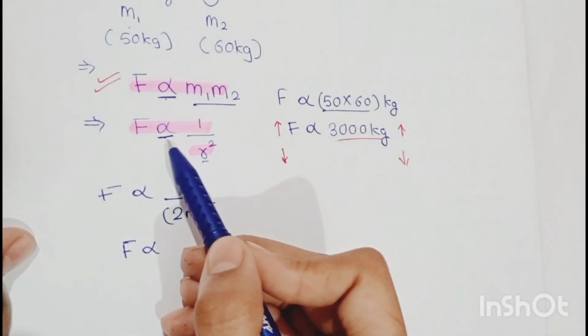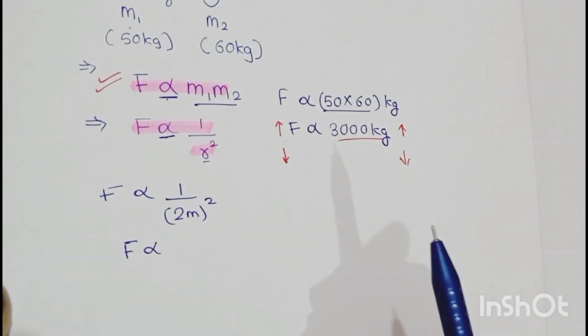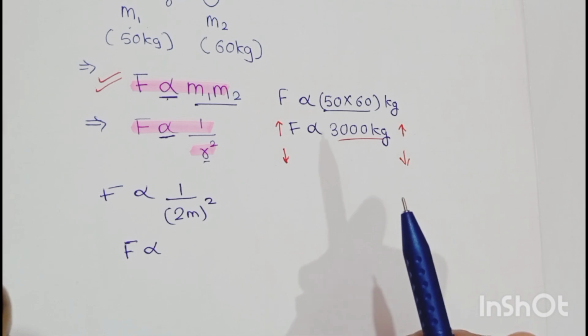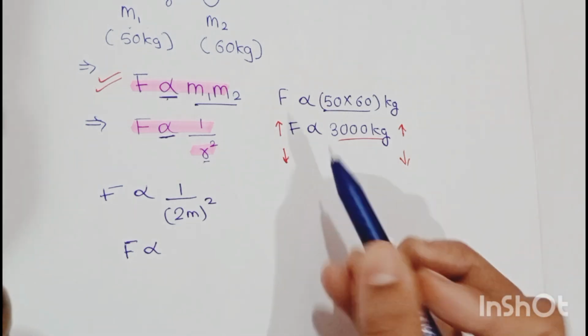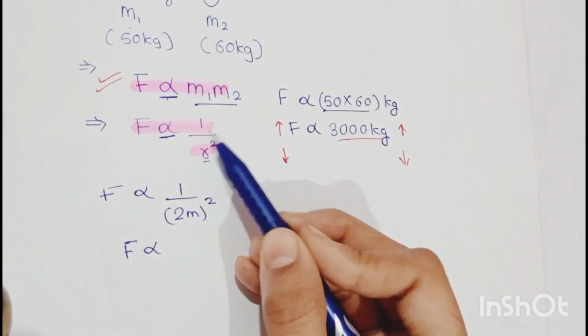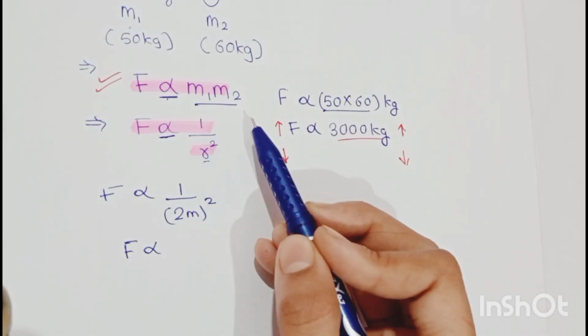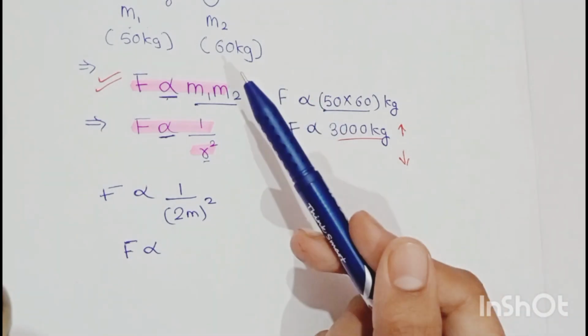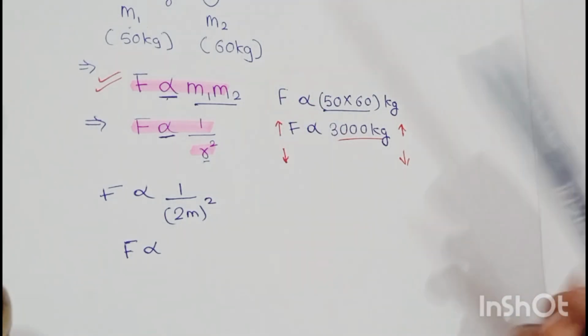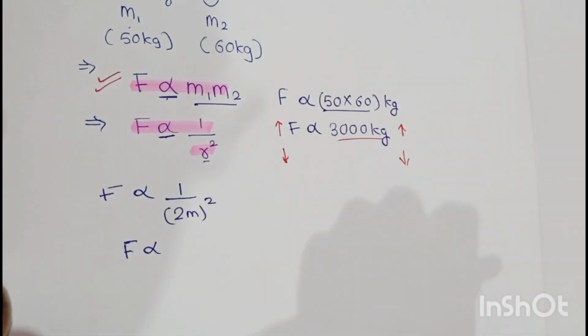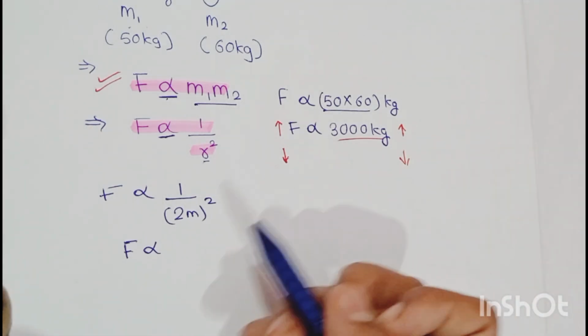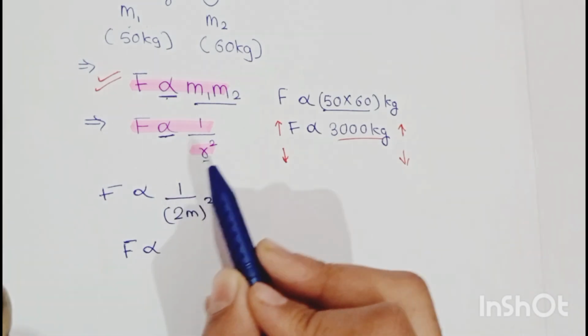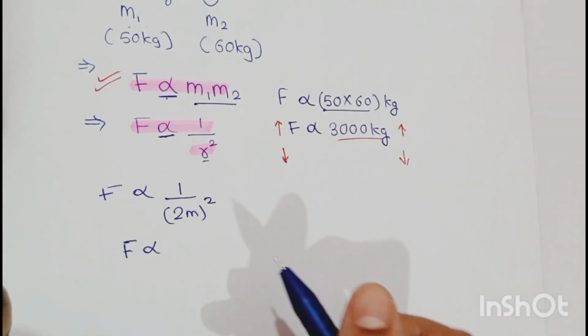Because whenever someone says this is inversely proportional, at that time the one is put in the numerator. That's how we come to know whether something is directly proportional or inversely proportional. So this force is inversely proportional to the distance square.